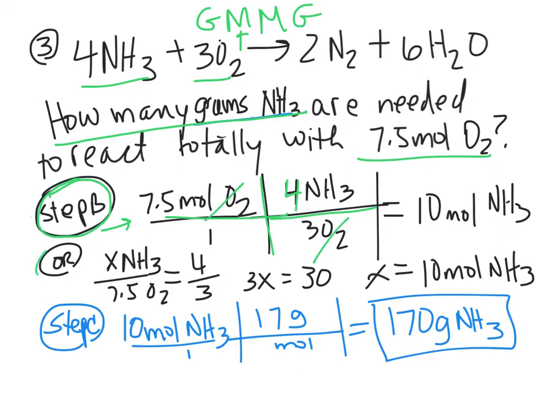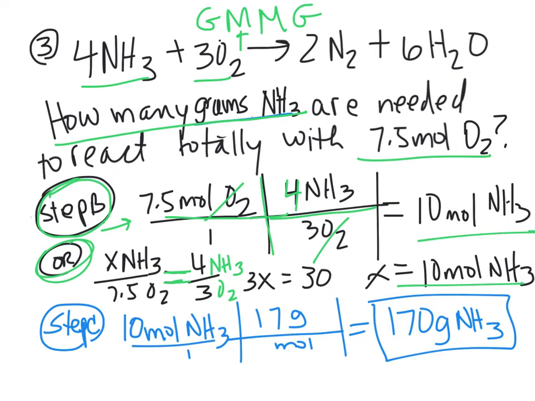If you choose to compare ratios instead, you put equivalent ratios on either side of an equal sign, and you have to put the same molecules in the numerator on the left and right sides of the equation. But you end up with the same answer here, 10 moles of NH3.